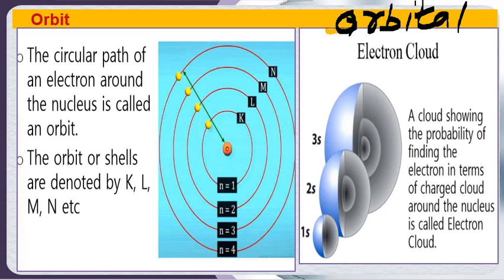Now, as I told you, in orbits there can be values n is equal to 1, 2, 3, 4, 5. Similarly, here you will find in the first shell there is present s, in the second there is also present s, in the third shell there is also present the s subshell, right?